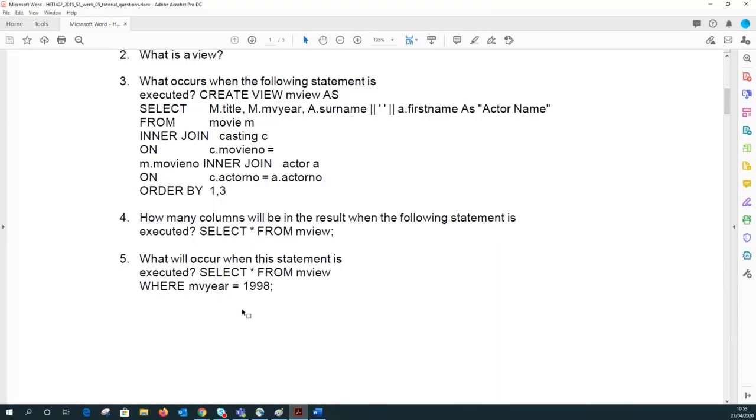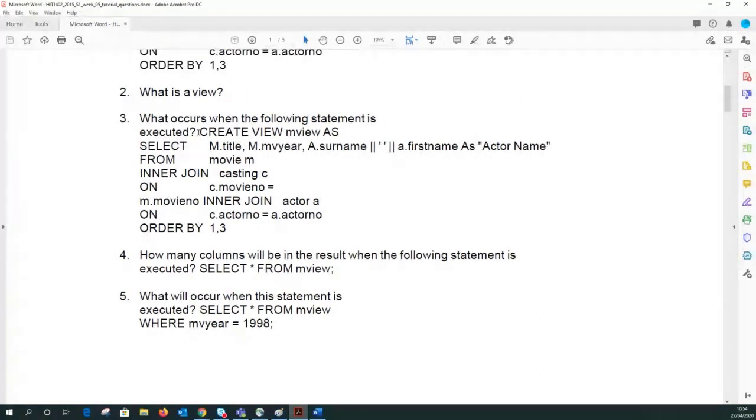So what will happen? Aiden is correct, and the others also wrote the same answer as Aiden. It will eliminate the rows from the result set that do not match the condition movie year equal to 1998. Earlier when you ran select asterisk from mview, it extracted all the rows which satisfy the select statement.